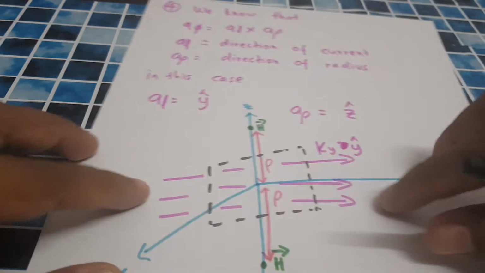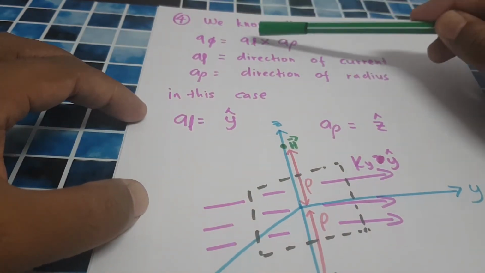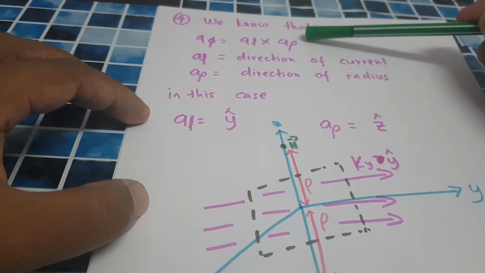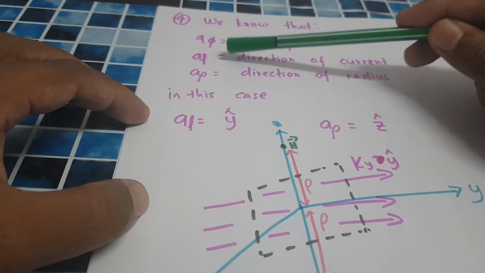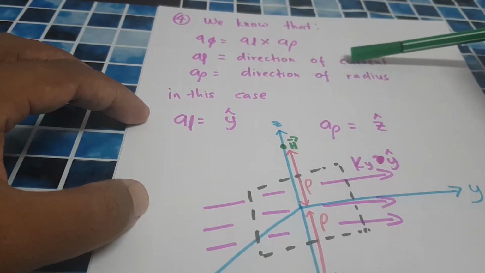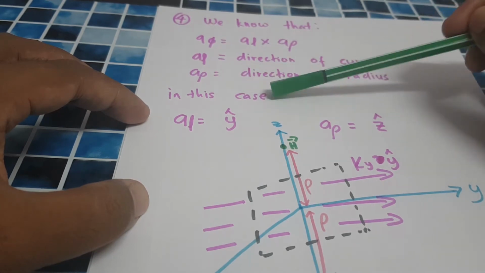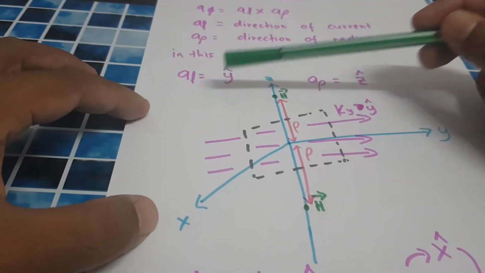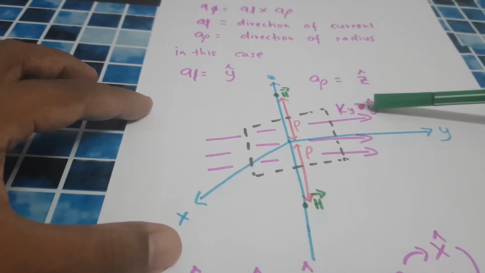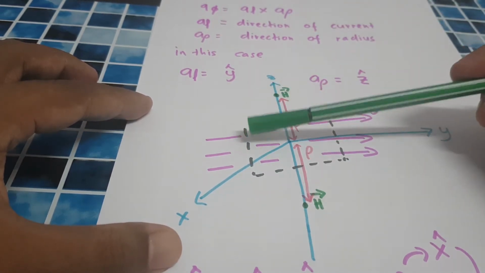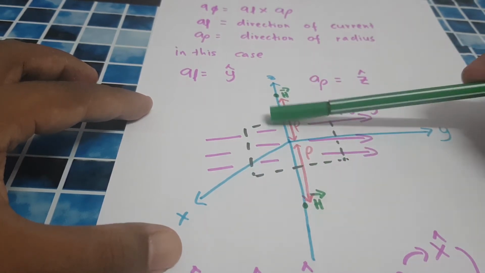Then we know that aH equals aL cross a rho. aL is the direction of the current, and a rho is the direction of the radius. In this case, aL, the direction of the current, is toward the y direction. The dotted black line is the Amperian path or closed path.